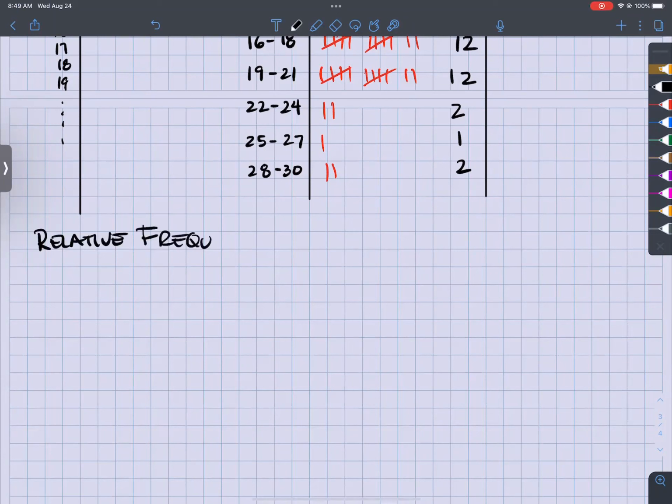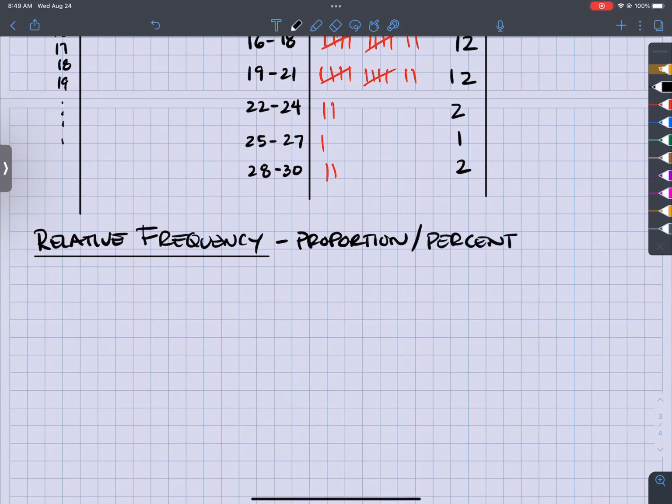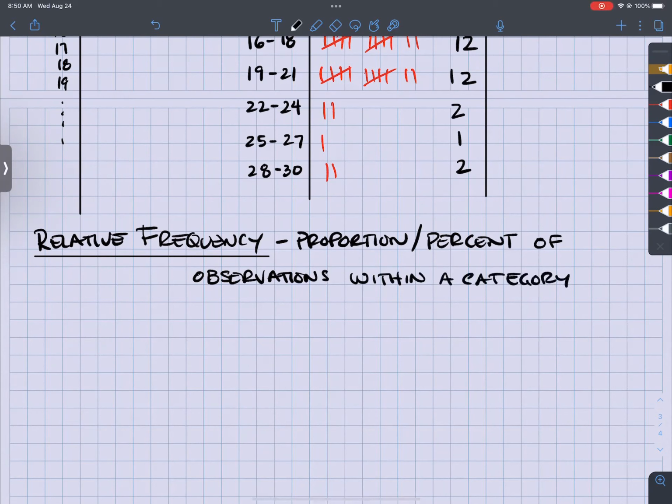Okay. So let's talk about relative frequency. That is the proportion of observations within a category.